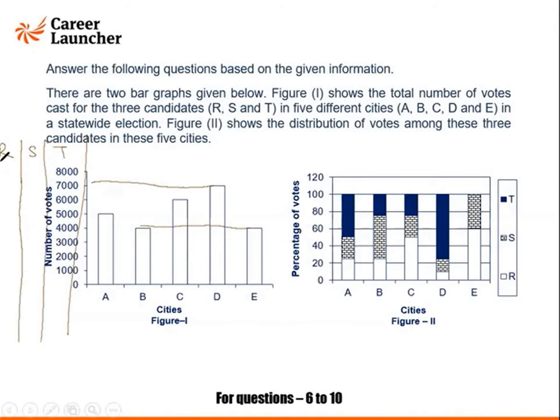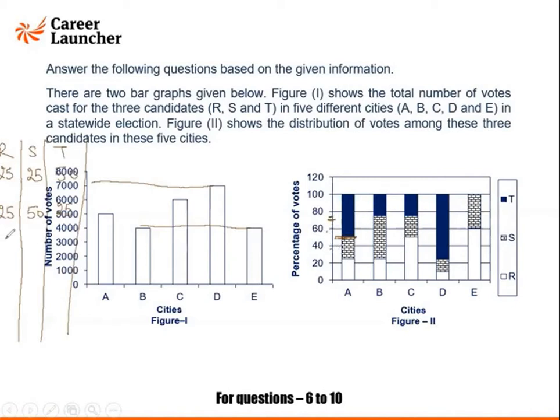So R's vote in the first case is 25%, S's vote is again 25%, and T's vote is 50%. In the next case, R's vote is again 25%, S's vote is 50%, and T's vote is 25%. See, it's all 100 up to this.